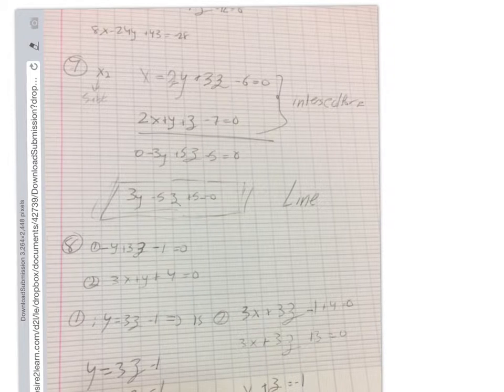If you start with the first plane, x minus 2y plus 3z minus 6 equals 0. And then we have 2x plus y plus z minus 7 equals 0. Okay. So if we add these up the way they are right now, you can't eliminate any of the variables.